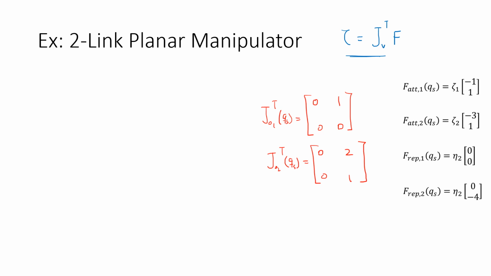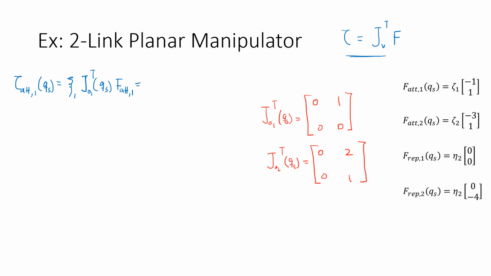So the very first torque is going to be tau attractive acting on O1 in the starting configuration. Obviously that is going to be equal to zeta 1, and then you have the Jacobian O1 transposed in the starting configuration times the F attractive force acting on joint number 1.